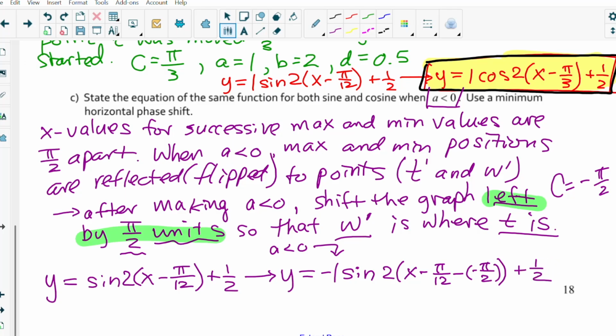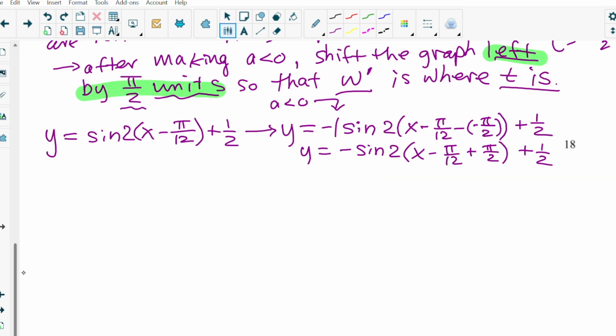Sorry about that. Okay, negative pi over 2 plus 1/2. Okay, so that equals y equals negative sine of 2 times x minus pi over 12 plus pi over 2 plus 1/2.